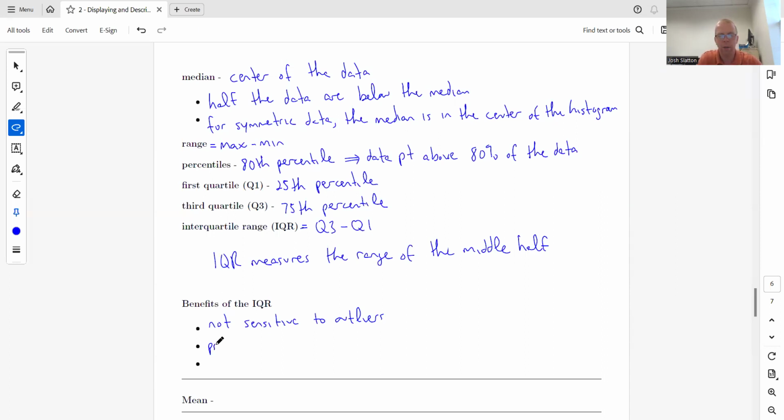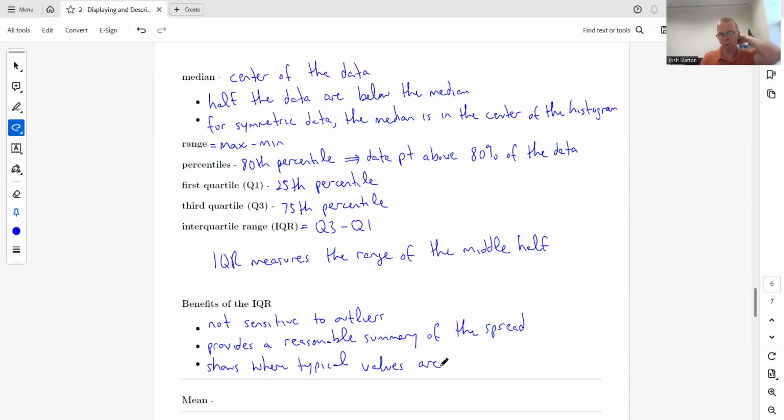The IQR provides a reasonable summary of the spread, and it also shows where typical values are. Okay, so some benefits to the IQR.